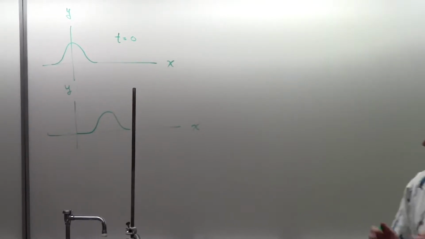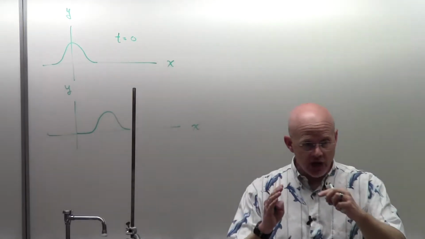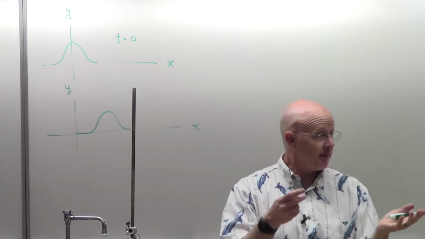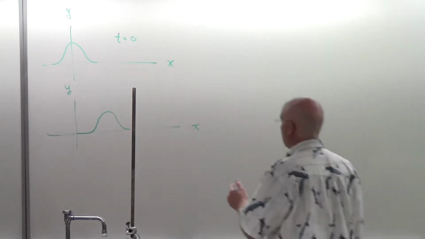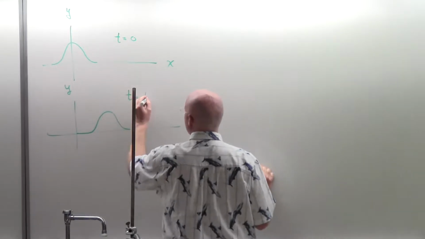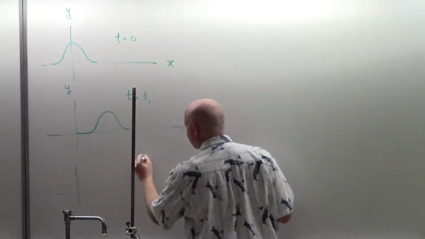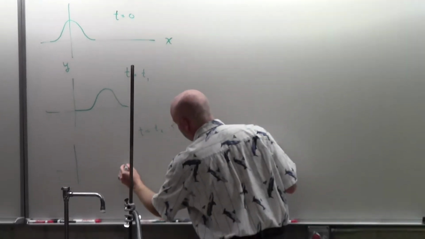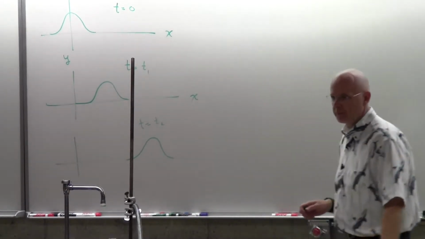We will have this wave, in this case a wave pulse. It'll have the same shape, but moved to the right. Could have gone to the left. We'll talk about that soon too, but let's go to the right. So this would be some time a little bit later. Let's call this time t1. And of course, a little bit after that, time t2, what are you going to get next? Well, again, same shape, moved over.